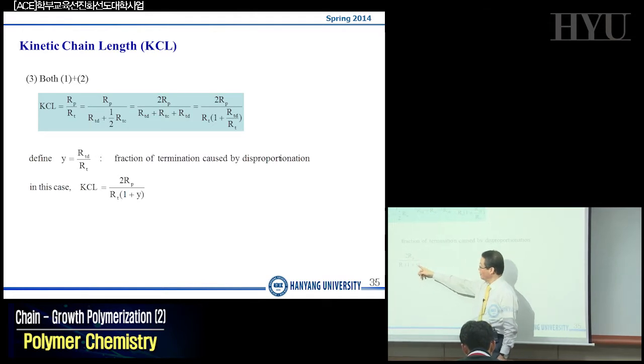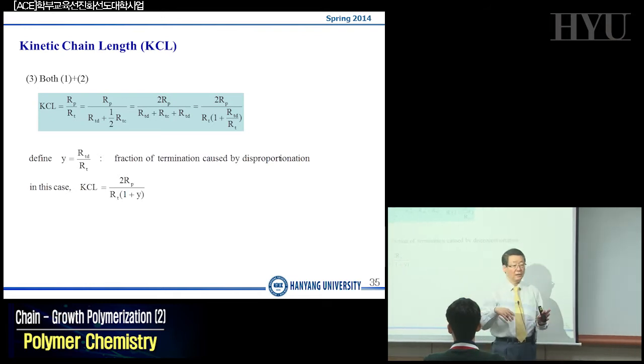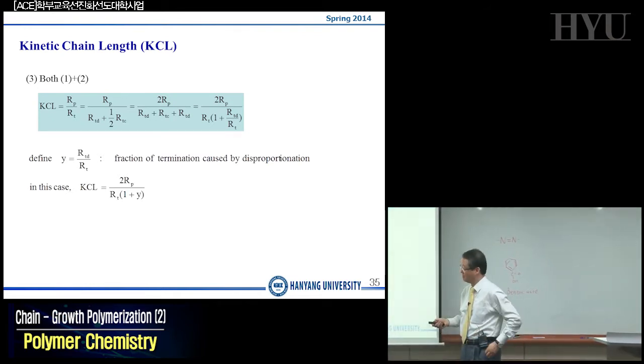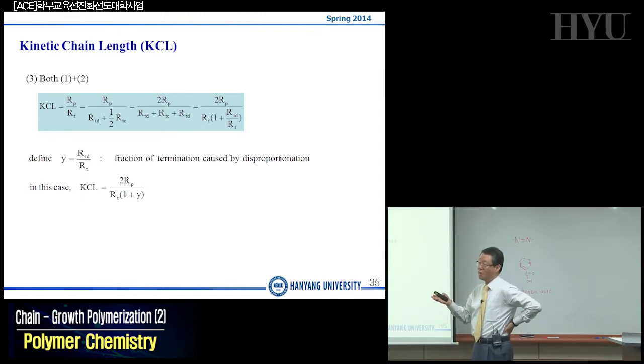So if I rearrange this equation, KCl is 2Rp divided by Rt times 1 plus Y. If Y is equal to 1, meaning that your termination is governed 100% by disproportionation reaction, it will become 1, so you can cancel this out. So KCl is determined by the rate of polymerization divided by the rate of termination, but depending upon the termination mode, by combination or disproportionation, your molecular weight is different, your kinetic chain length is different.